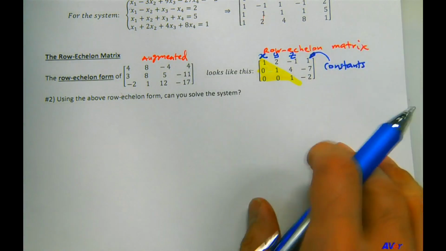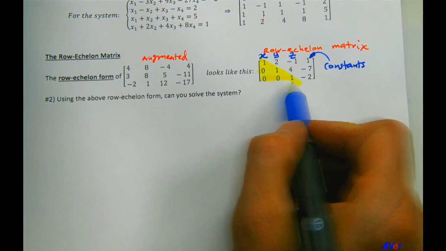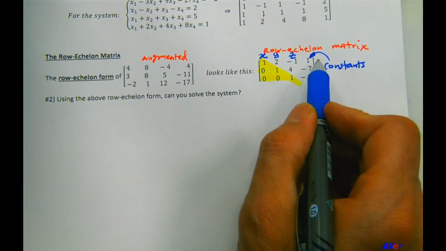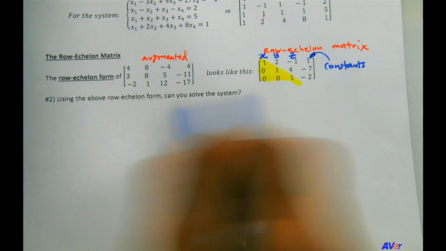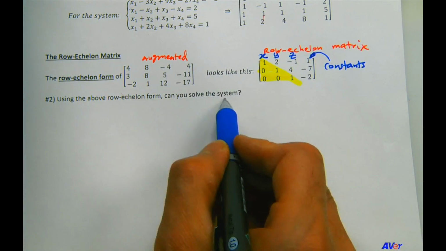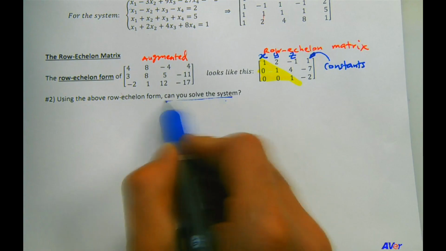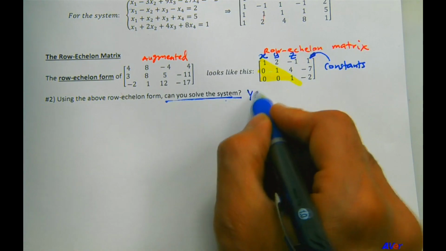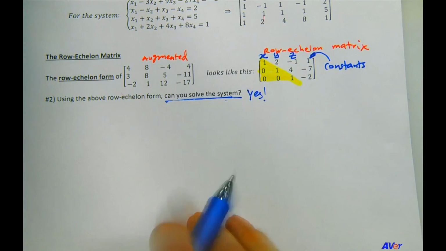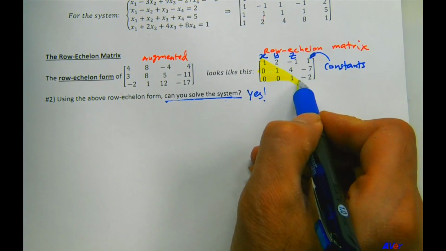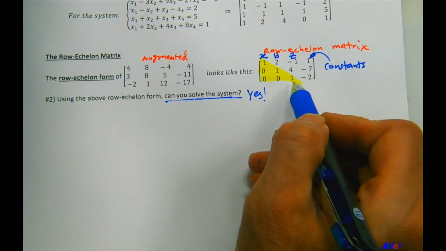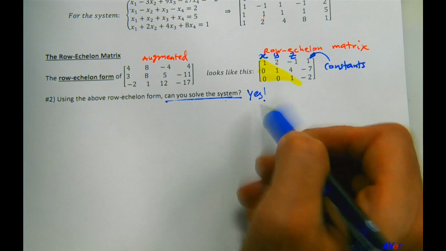Okay, now starting from the bottom up, because this is what this is asking us to do. It says using the above row echelon form, can you solve the system? And the answer is absolutely yes. So how do we do that? Well, start from the bottom and rewrite the original system with the variables attached. What do I mean by that?